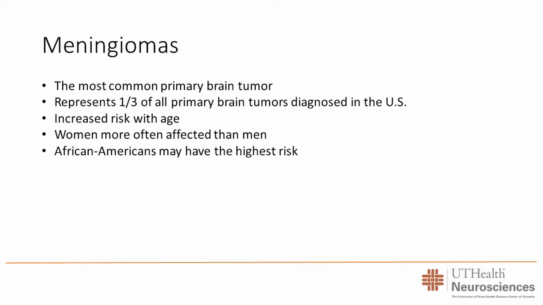But when we look at the primary tumors, meningiomas are the most common. It accounts for 1 in 3 of all primary brain tumors diagnosed in the United States, and the risk increases with age. For every 3 patients with a meningioma, 2 are women and 1 is a man, and African Americans may have the highest risk.